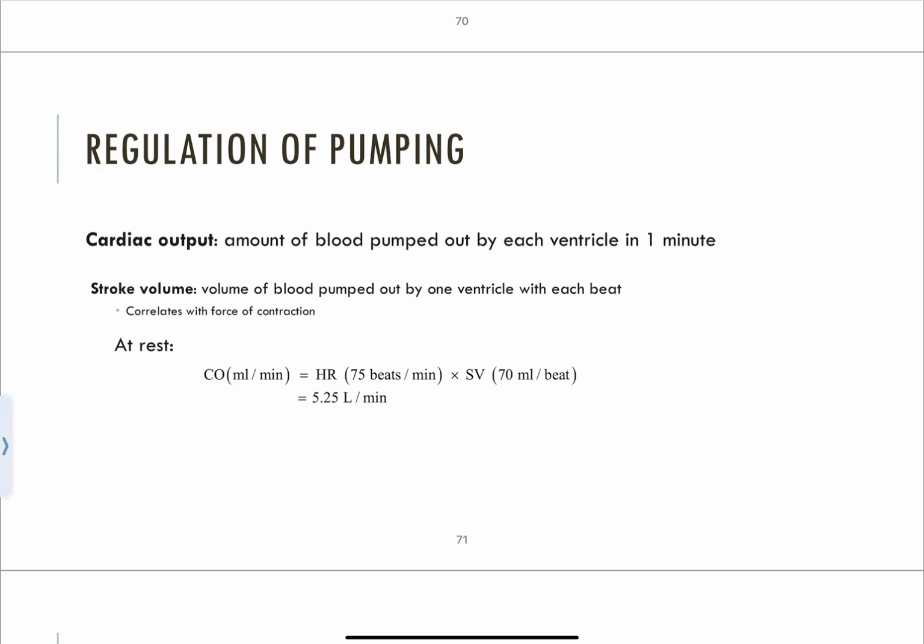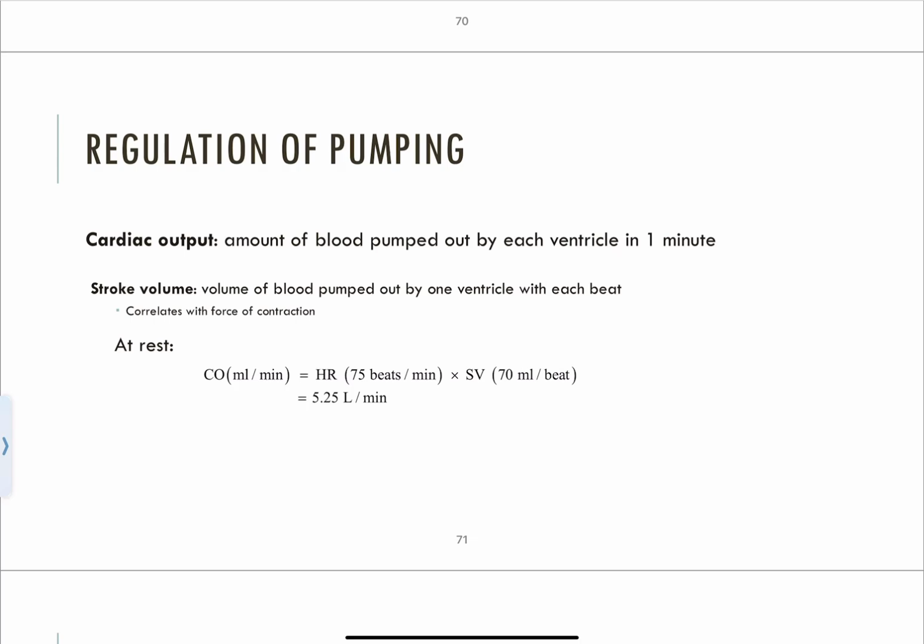So if we're at rest and our SA node is spontaneously depolarizing about 75 times per minute, then our heart rate would be 75 times per minute. If we're at rest, we're pumping out of each ventricle about 70 milliliters per beat.